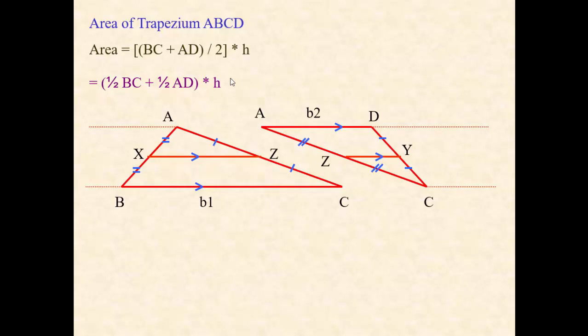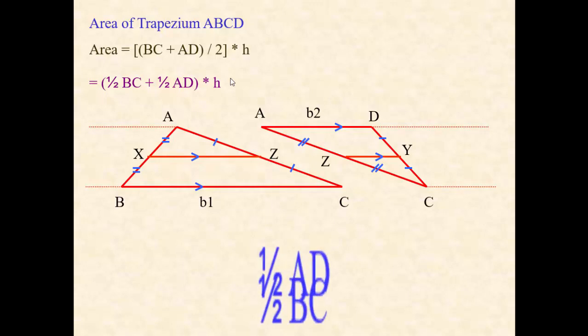Again, XY joins the midpoints of two sides of the triangle, and before we said that any line segment joining the midpoints of two sides of a triangle is parallel to the third side and equals half the third side. Means XZ equals half B1. Similarly, ZY equals half AD.